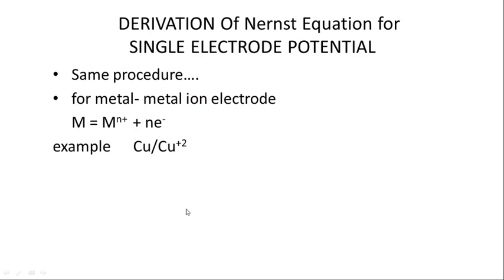So, derivation of the Nernst equation for single electrode potential. Now the same procedure as you have done for the derivation of the Nernst equation for a cell, where we started with the standard free energy change.